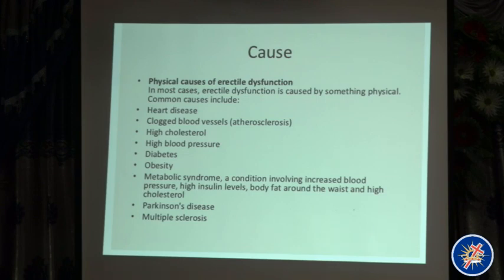Once you become overweight, then you have problems. Metabolic syndrome, a condition involving increased blood pressure, high insulin levels, body fat around the waist. And then Parkinson's disease. This is the disease where people walk like they are not stable. Parkinson's and multiple sclerosis. Those are issues that can cause that problem.